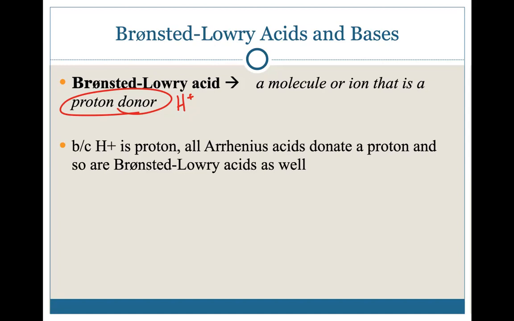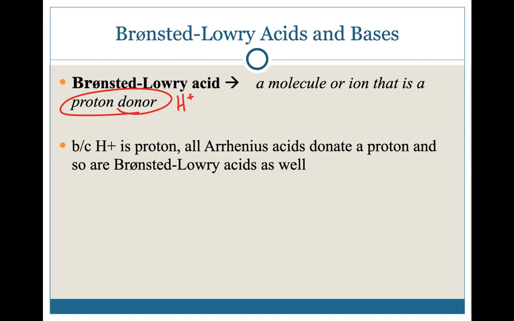Now, I did mention last week that in one single chemical reaction, you cannot have both an Arrhenius acid and an Arrhenius base, because you're either going to be increasing hydronium concentration or you're going to be increasing hydroxide. You do not see reactions where you increase both, because guess what that does? That just produces water, which is why you don't have, in a chemical reaction, an Arrhenius acid and an Arrhenius base.